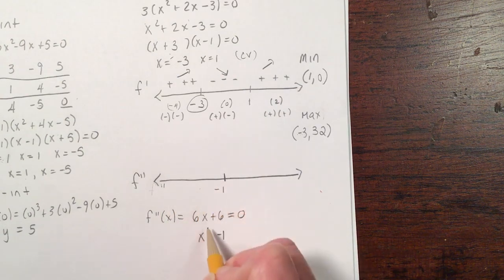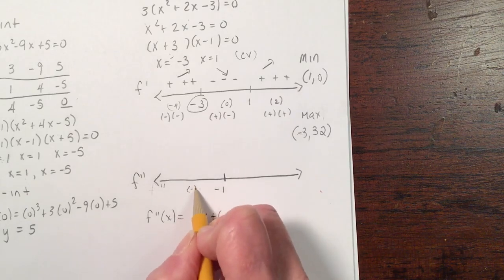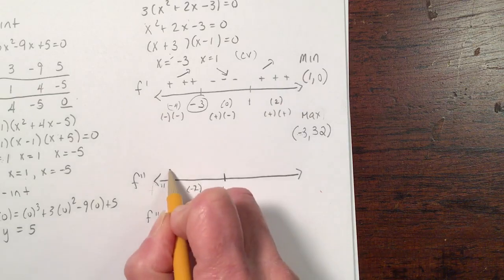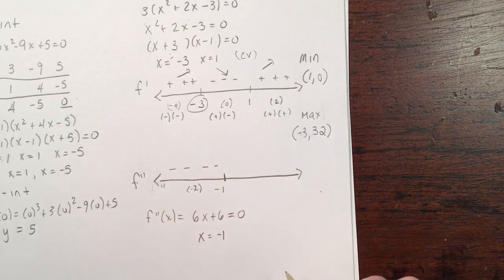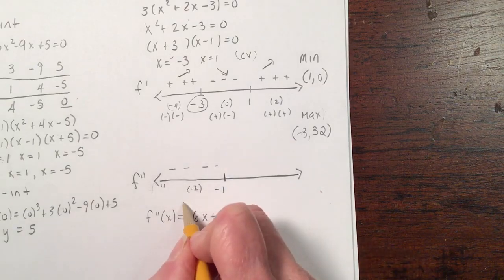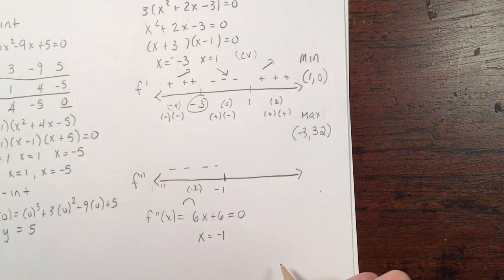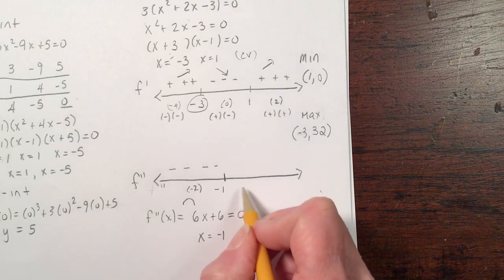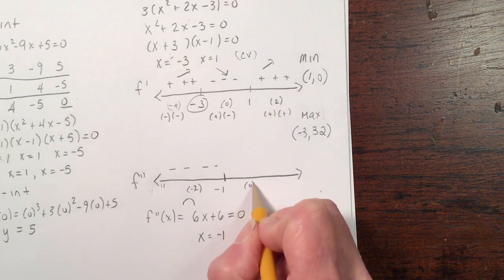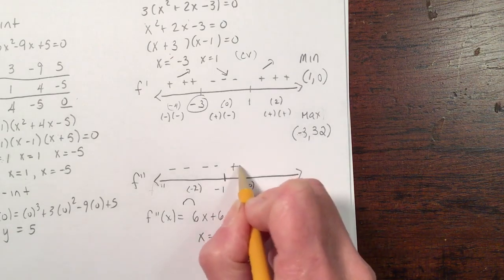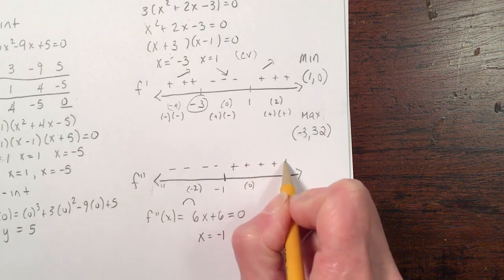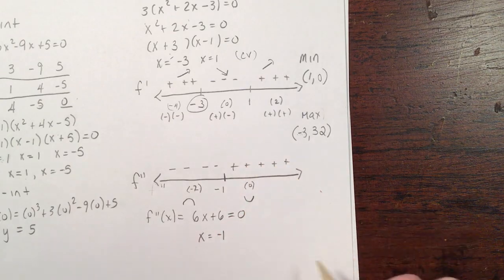If I plug a number less than negative 1 in, let's say negative 2, I'm going to have a negative value, which means my curve is concave down. And then if I plug a number bigger than negative 1, I'm going to get a positive value, which means my curve is concave up.